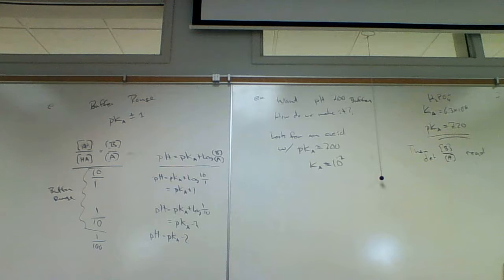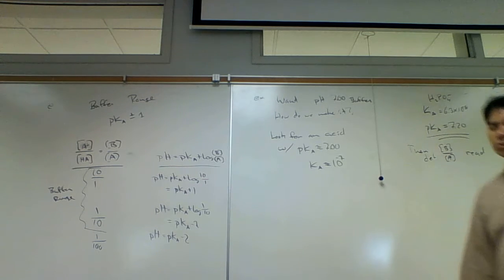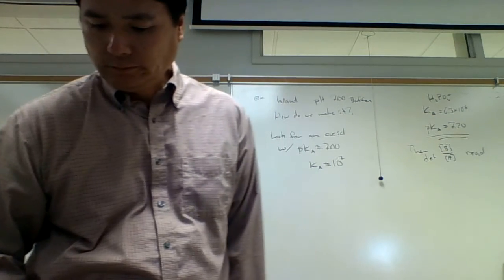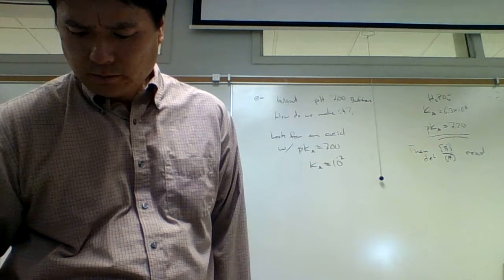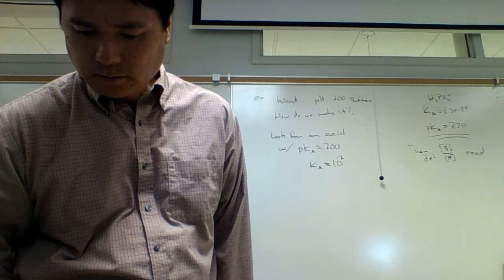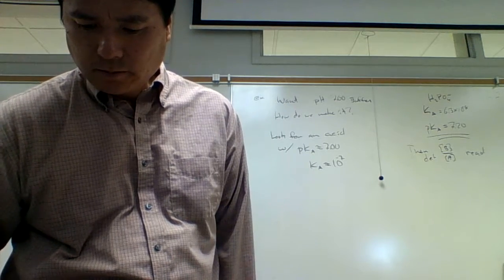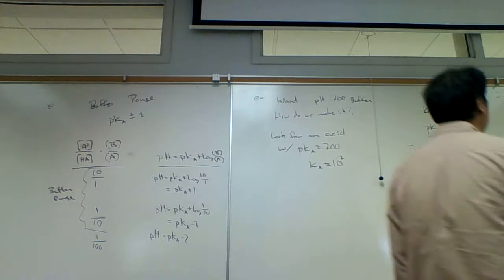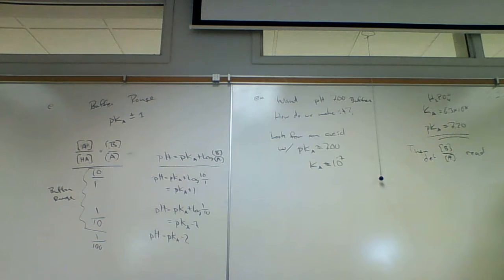And so this is going to give us 0.6, what is 10 to the minus 0.2? 0.6309. All right, that's the ratio. So in other words, this is going to be 0.6309 to 1.